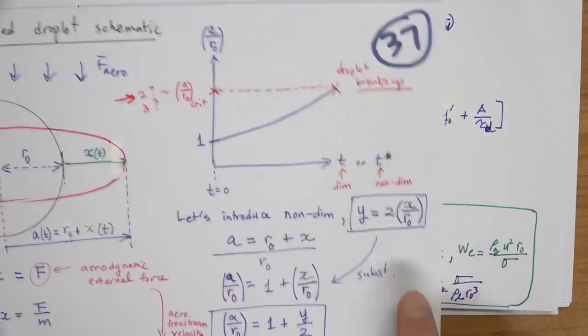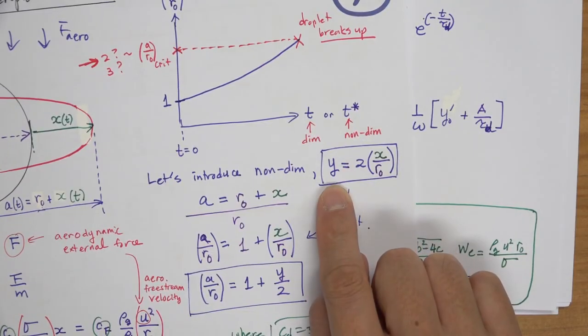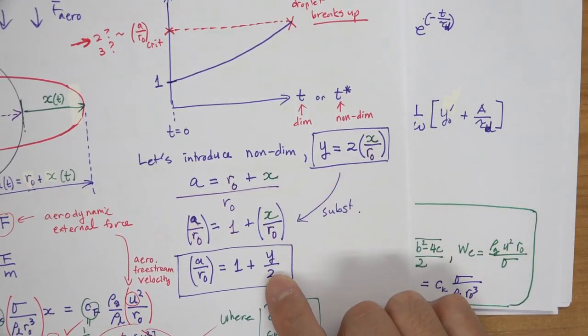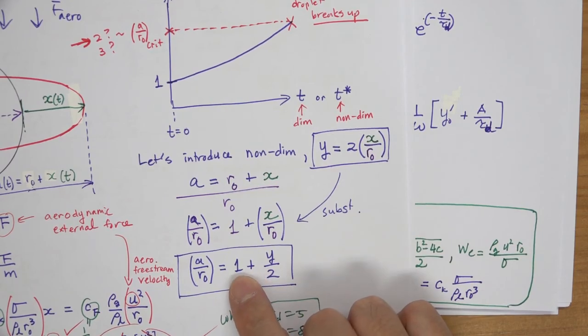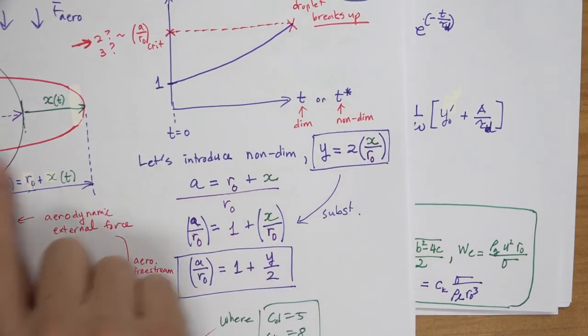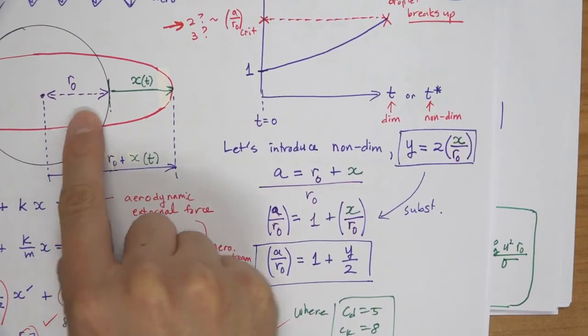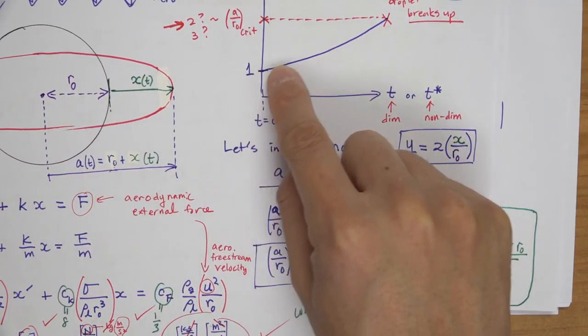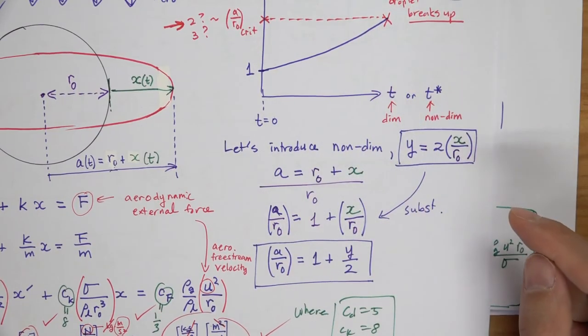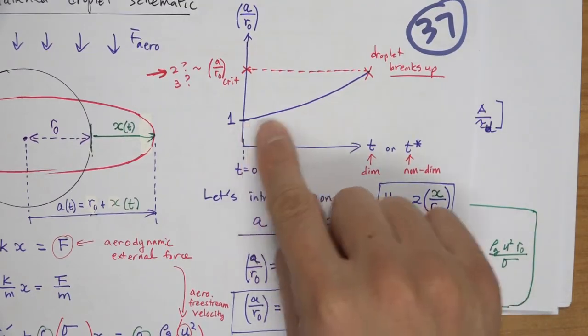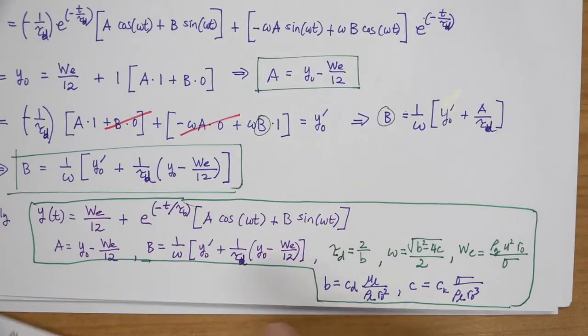Once you know y, you just divide it by 2 and then add 1, and that will give the ratio of this edge over this initial radius. So you start with 1 and then it will go like this. I want you to draw that using this expression right here. That's your homework.